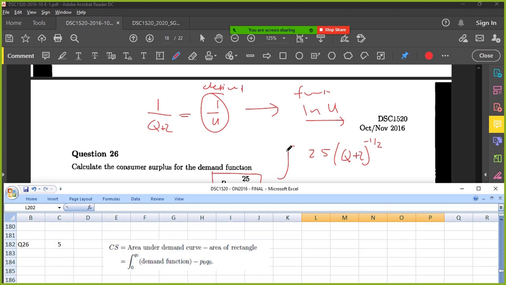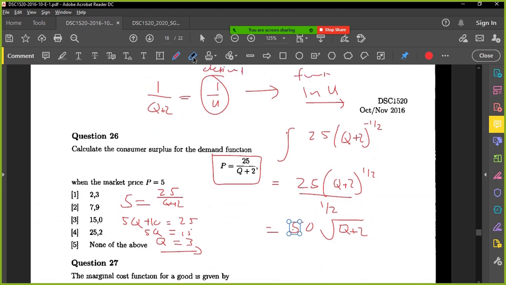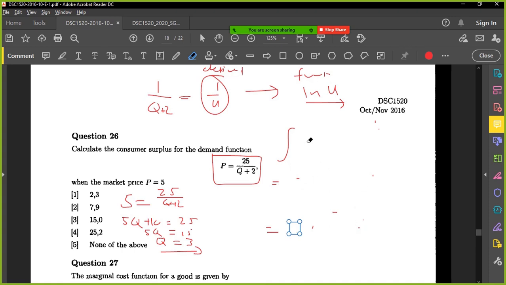Yeah, okay, so if I'm looking at this, okay, let me double check this bit. In the question, you had 25 over q plus 2. Okay, so then I made it minus a half. I see here, if you're looking at the integration, you can use the ln. Okay, if we use the ln, let's see what we get.